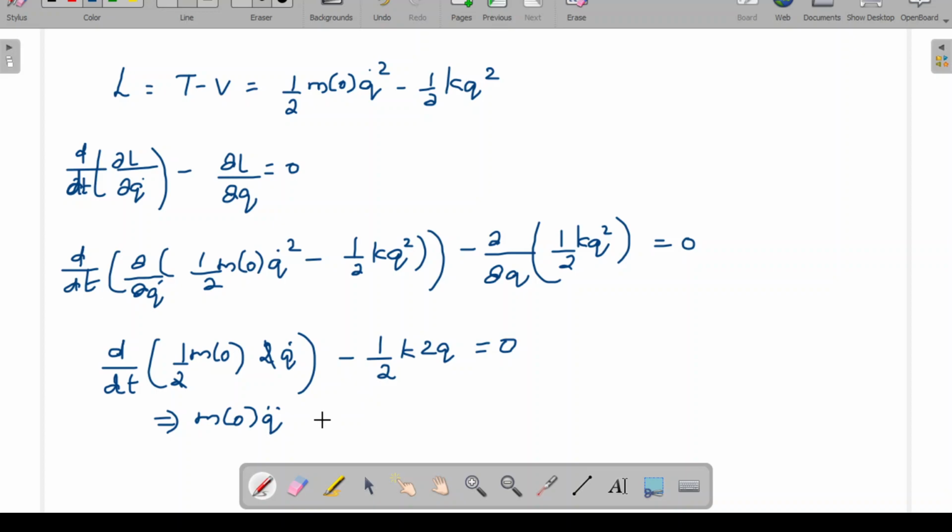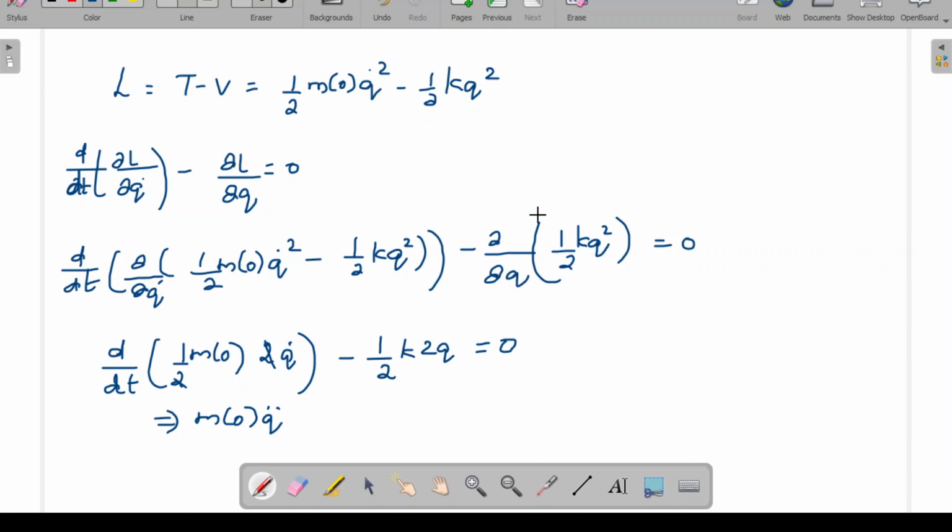Sorry, here also if I take dou L by dou q, I have to substitute the whole thing, and since this is q dot square here, if I take the derivative with respect to q, that becomes 0.